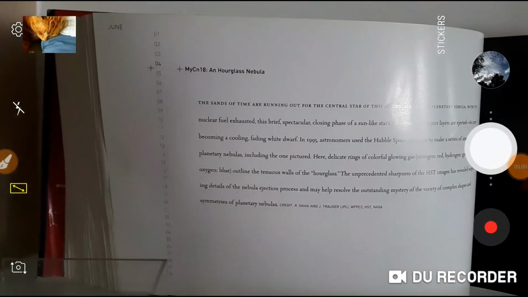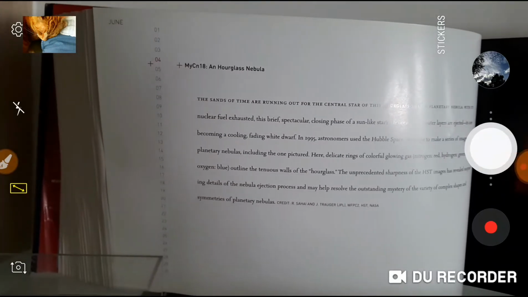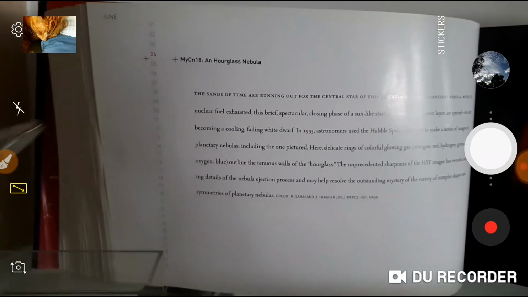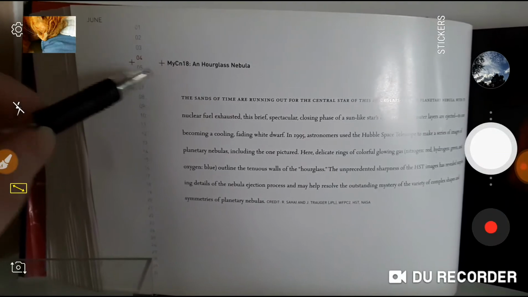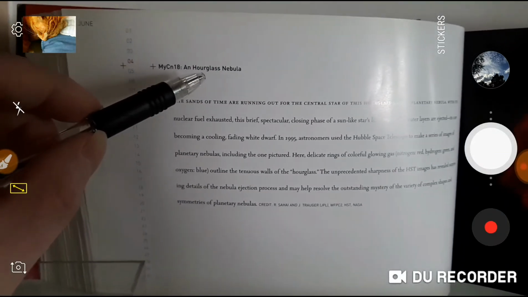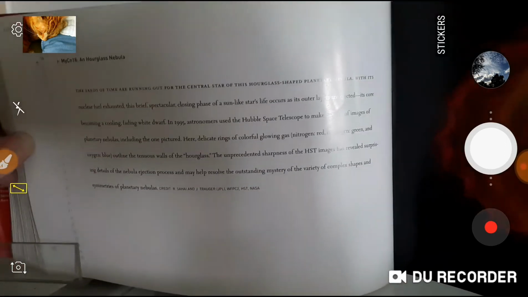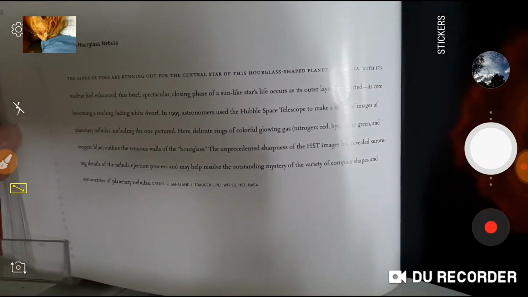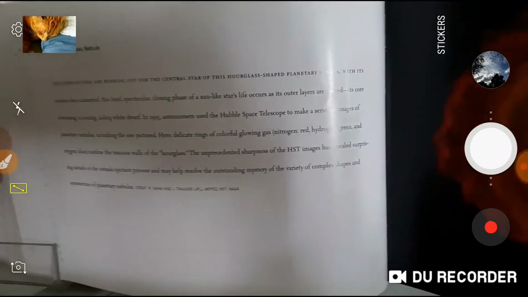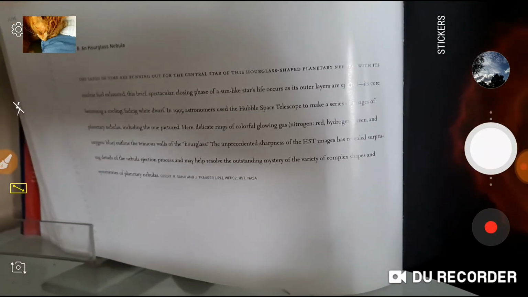This is my infamous book that has the date for each page. There's your June 4th. Oh look, it's the Hourglass Nebula. Let's just try and get that a bit clearer so you can read that, pause that and read that if you wish. Sorry about that bit at the edge.